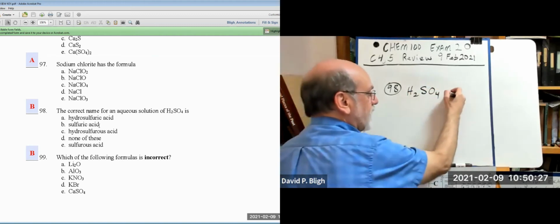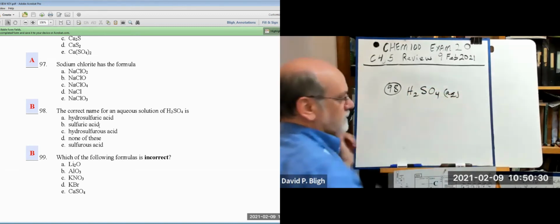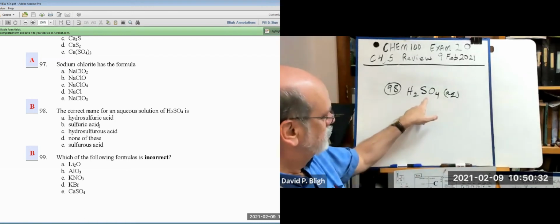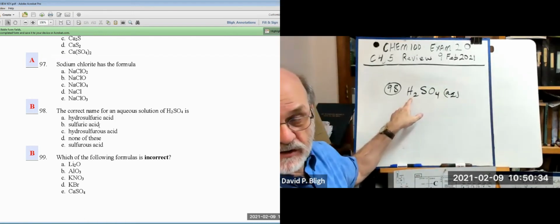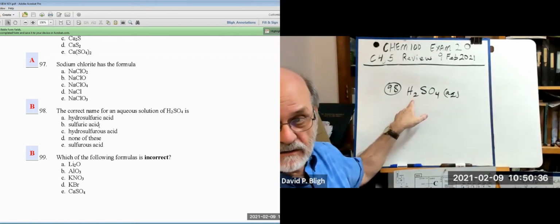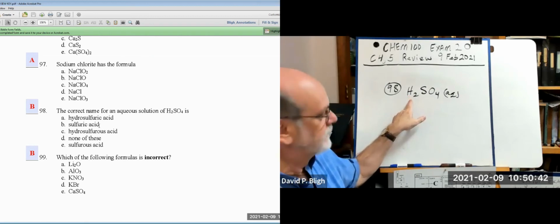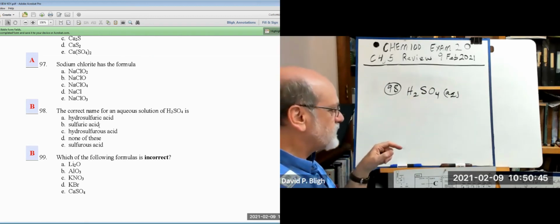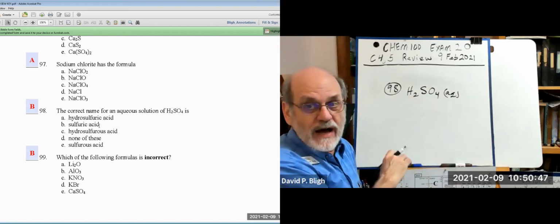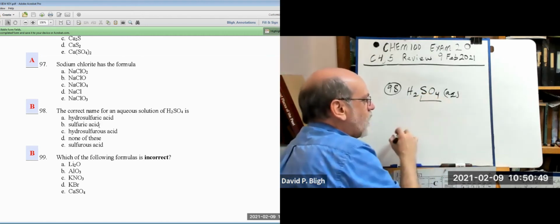Well, aqueous solution means that this having hydrogens at the beginning is an acid, right? That's why you put the hydrogens first. So you have to know, because it's oxygen, there's no hydro. So you look at what was this called?